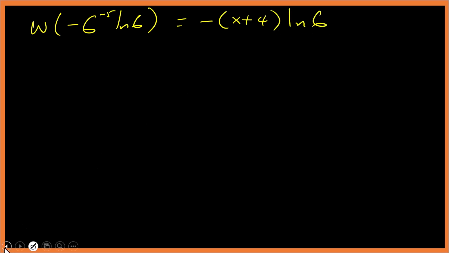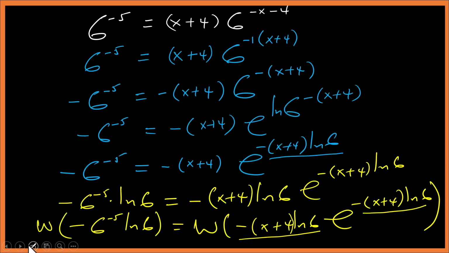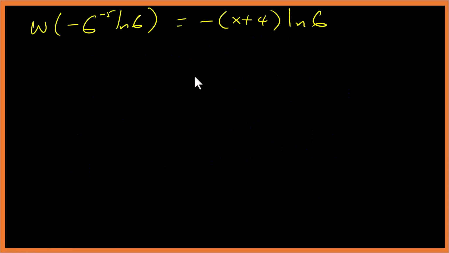Let's confirm. Since we have minus x plus 4 ln of 6, let's adjust what is here so that we can do cancellation. We have the W function of that. Let me write this as minus 1 times.